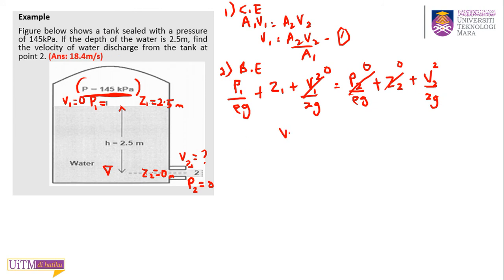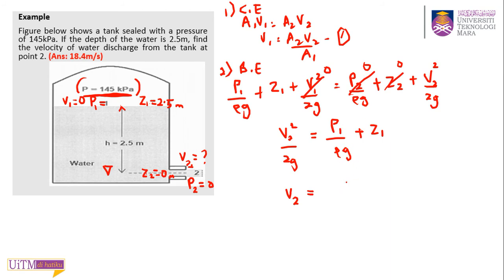You can write V2 squared over 2G equals P1 over rho G plus Z1. And we can write V2 squared to make it easier.